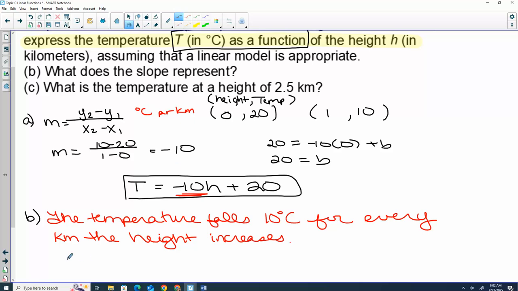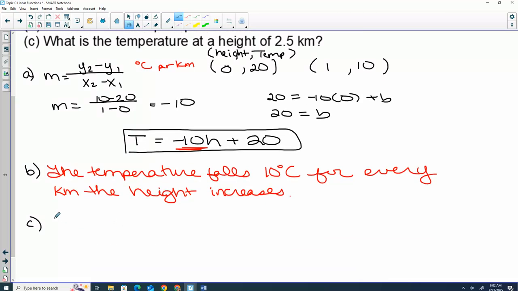What is the temperature at a height of 2.5 kilometers? So what do I do? T is equal to negative 10 times 2.5 plus 20. Okay, we're checking our non-calculator skills. Multiply by 10, you just move your decimal, right?